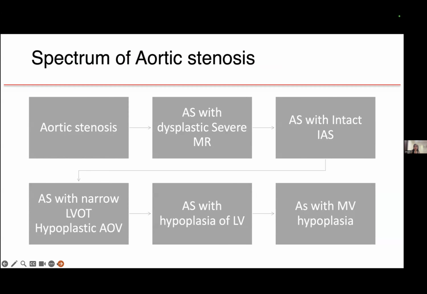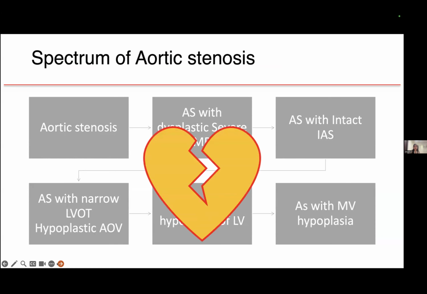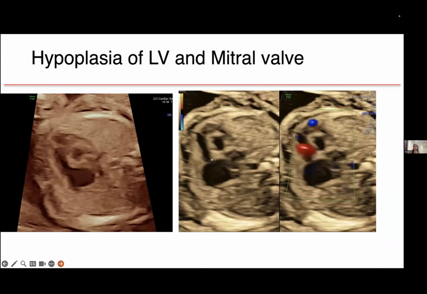It can be aortic stenosis with dysplastic MR, aortic stenosis with intact septum, with narrow LVOT, arch abnormality, AS with hypoplasia of LV, AS with a primary abnormality of the mitral valve leading to hypoplasia of the mitral valve. So this is the spectrum of associations possible with aortic stenosis, and let's see how many of them we can really treat by fetal cardiac intervention.